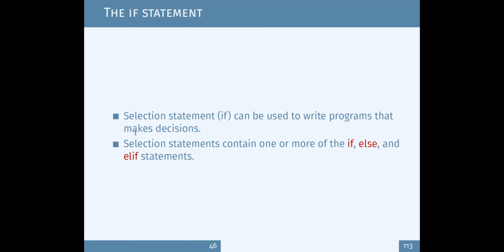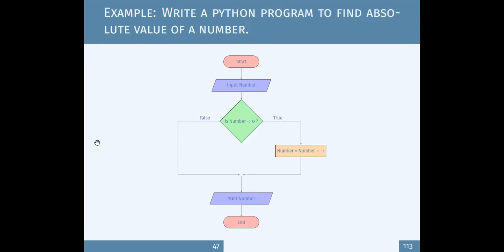Together with if, we can have if else and elif statements. For example, you can use an if whenever the number is negative, which will make it positive by multiplying the number by -1. So that's what happens here.